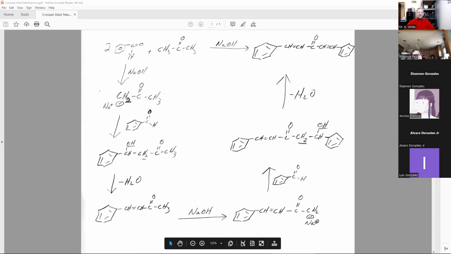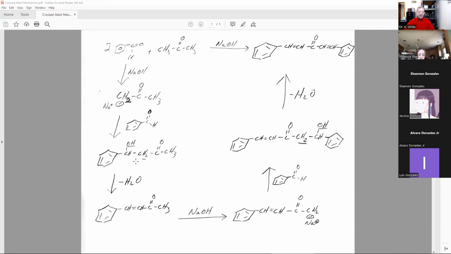If we start with our two aldehydes and the acetone, react it with base, one of the alpha protons from the acetone forms this enolate anion. That's the key reaction, because this now in an aldol condensation attacks the benzaldehyde carbonyl to form this aldol product.